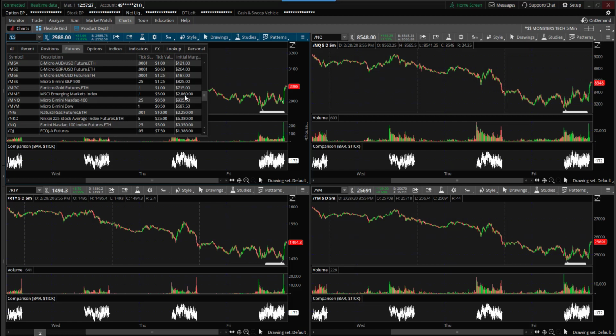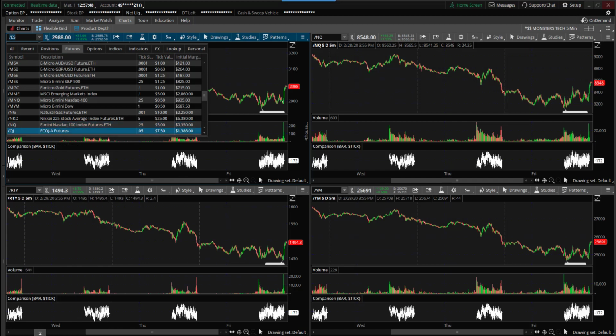So for an example, to trade the NASDAQ futures, which to point out, a month ago, you would have needed around $7,000 to trade one contract on the NASDAQ. You now need $9,350. Well, we only need 1/4 of that size.